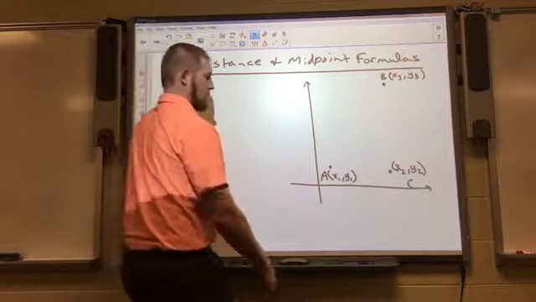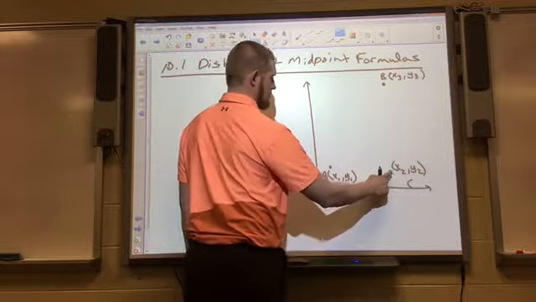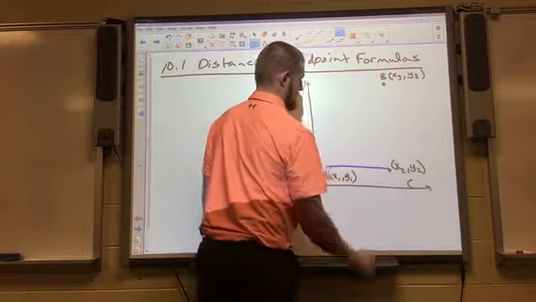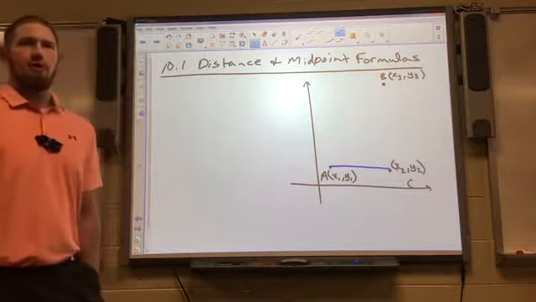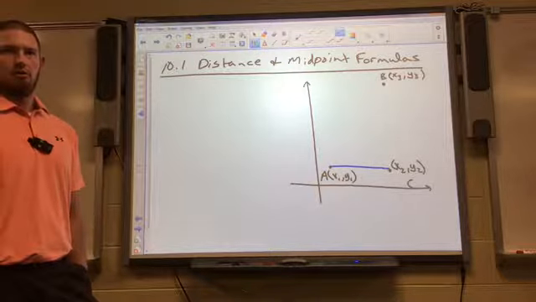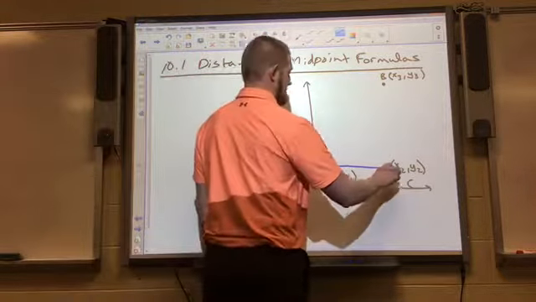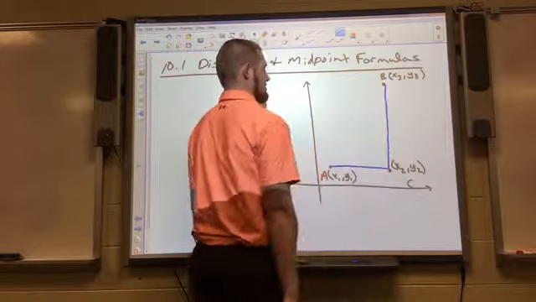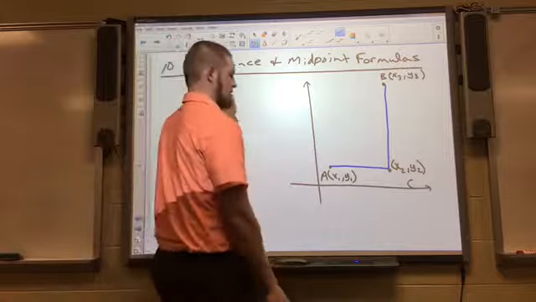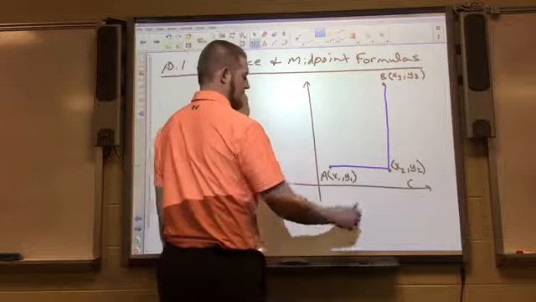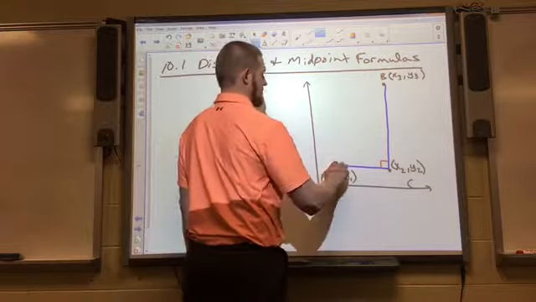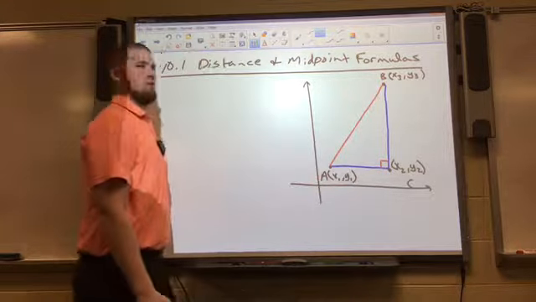Now, one way that you could do this is you would know the distance here, right? How could you find that? You could just count it because it's perfectly horizontal, and you could just count this because it's perfectly vertical. And that would make a right triangle, correct? Once I have two sides of a right triangle, how do I find the third?